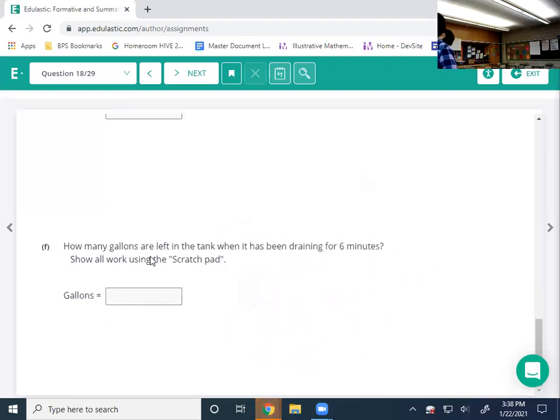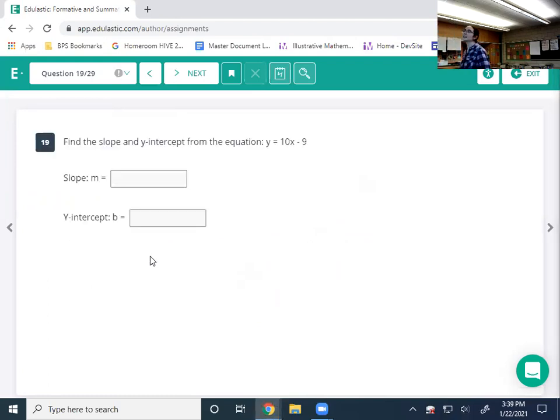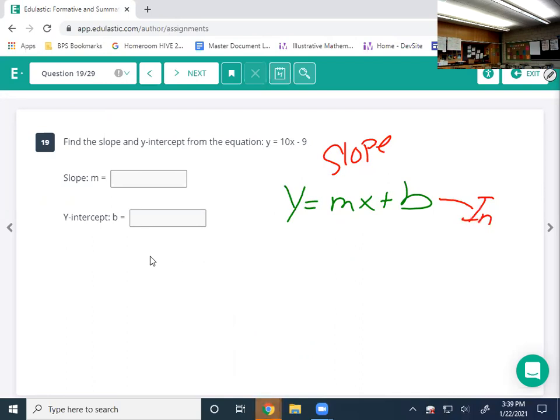Okay, so last one is we're looking at slide number 19. Looking at this equation, what is the slope? What is our y-intercept? Remember, y equals mx plus b. M is our slope. B is our intercept.